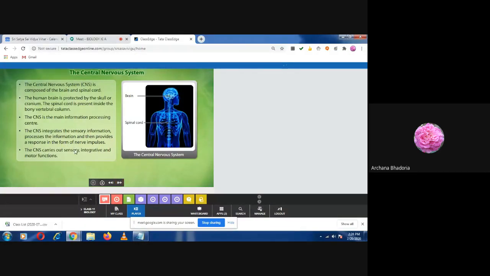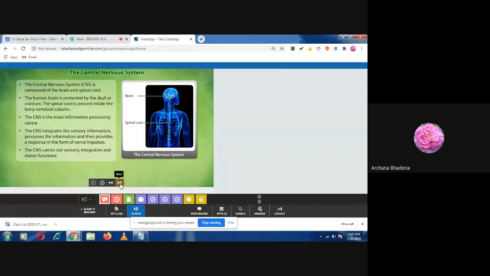So sensory, integrative, and motor functions all are carried out by the central nervous system. The message is received and the signal is given by the brain and the spinal cord what work has to be done. And that way it is integrated. Why we call it as integrative? क्योंकि सारे functions को वो integrate कर रहा है.